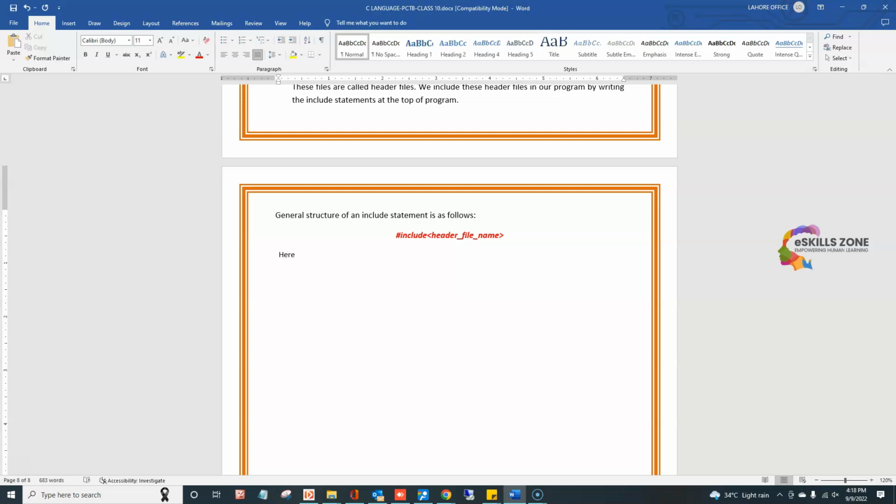Here, header file name can be the name of any header file.